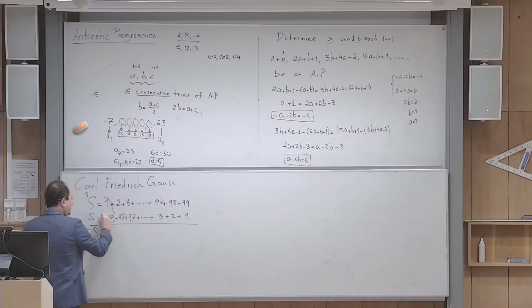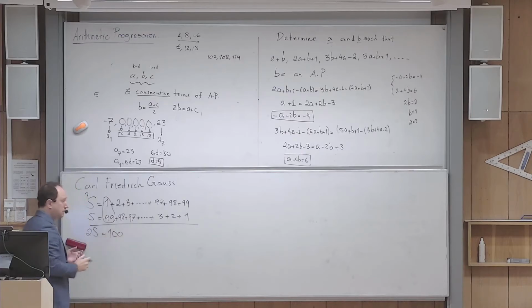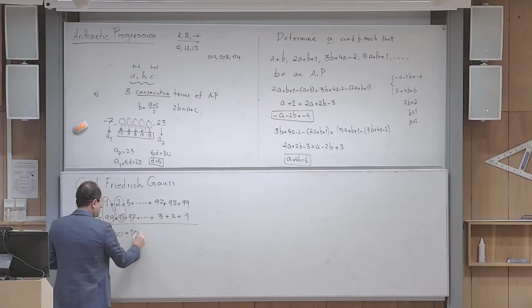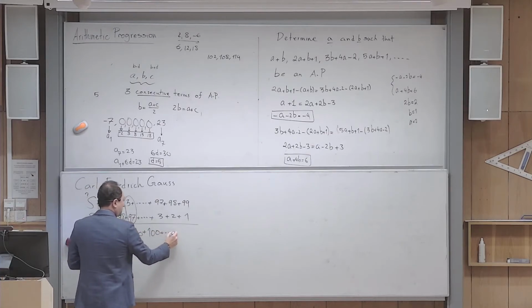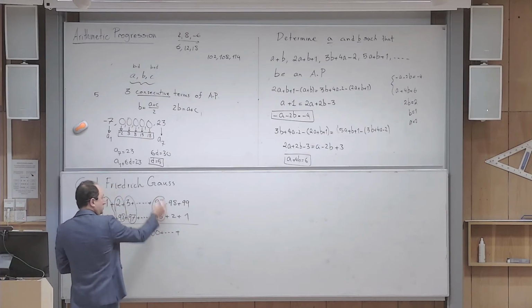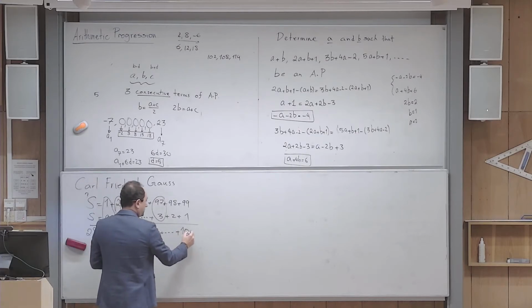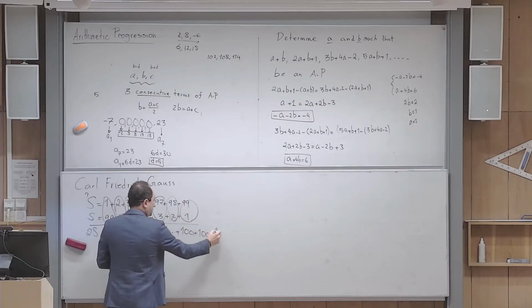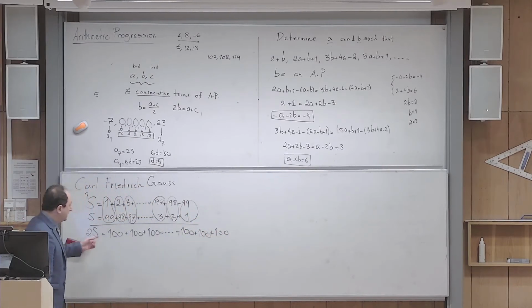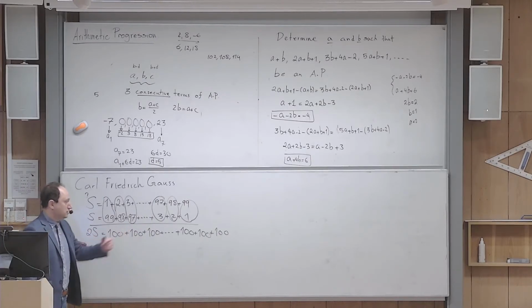So I can add the first pair, which becomes 100, then the next pair, which is again 100, and this pattern continues until the last pairs, each becoming 100. Adding a bunch of 100s is extremely simple, but you need to know how many 100s are involved.